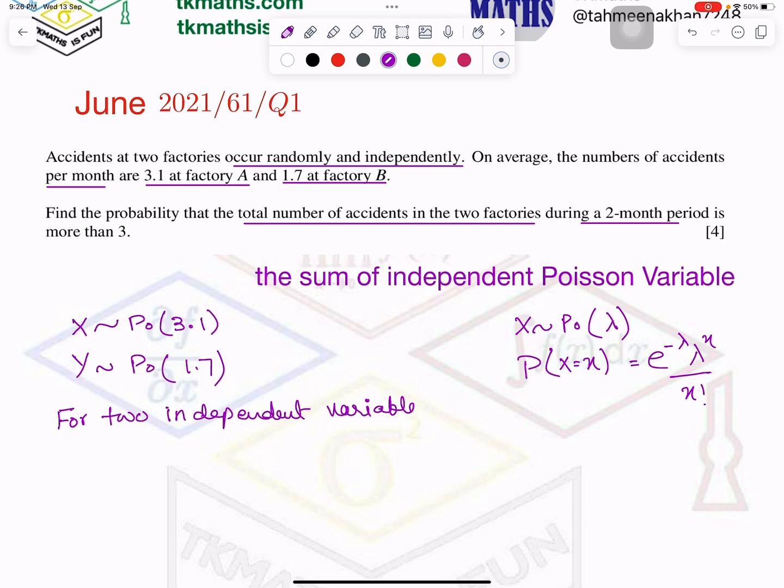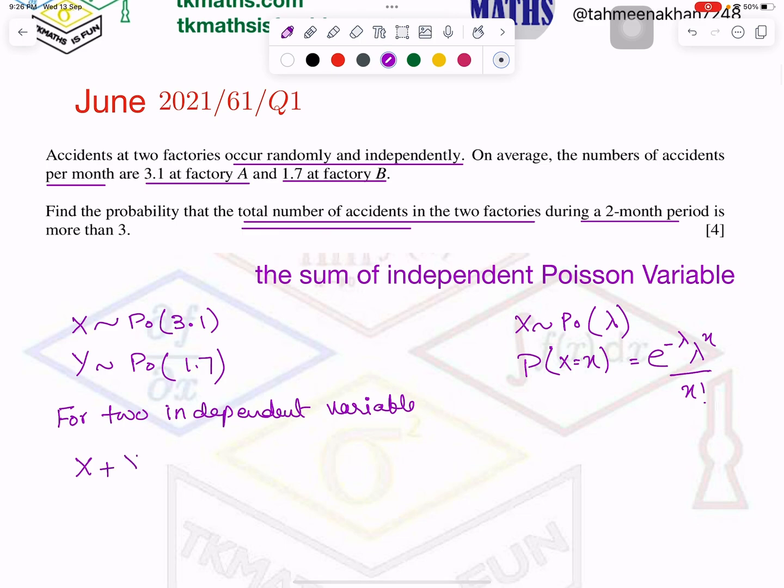Because the question is saying total number of accidents, let me first add up the 2 lambdas. Sorry, it was Y. X plus Y, because that will help me get the total. So it will be 3.1 plus 1.7, which is 4.8. Agreed?